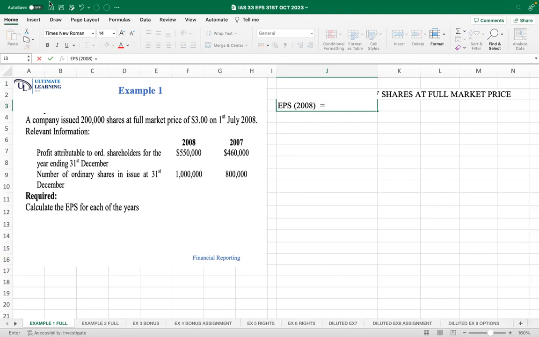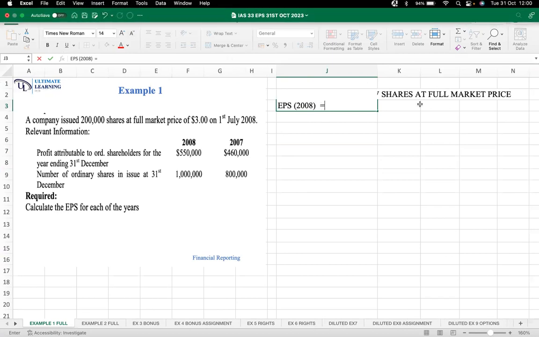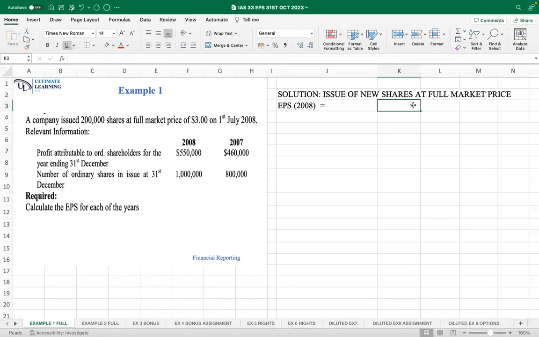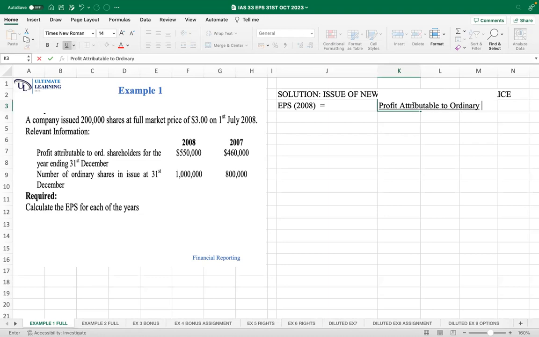EPS in the year 2008, the formula that we have learned so far when calculating EPS is profit attributable to ordinary shareholders divided by weighted average number of ordinary shares.